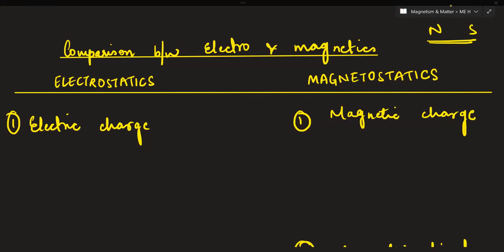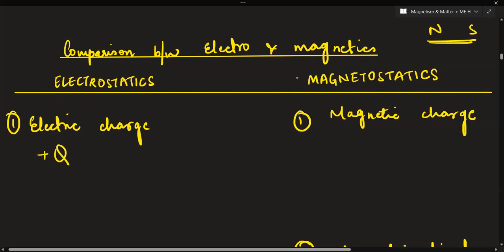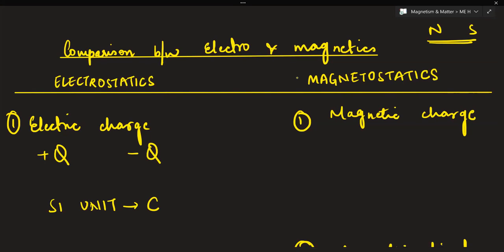Now in the comparison between electrostatics and magnetostatics, first, in case of electrostatics, the intrinsic or basic property that you have is the electric charge. So plus Q or minus Q, two types of electric charges, with the SI unit as coulomb. And in case of magnetostatics, the magnetic charge, you do not have exactly a charge as such.